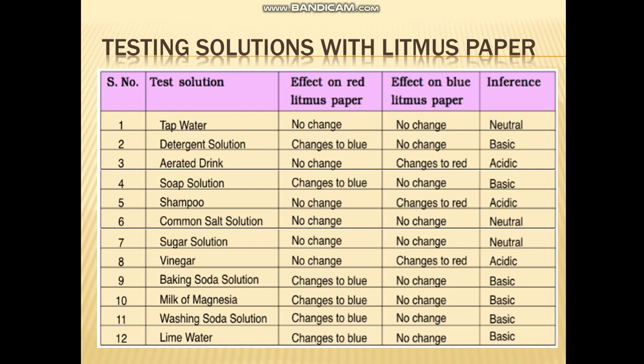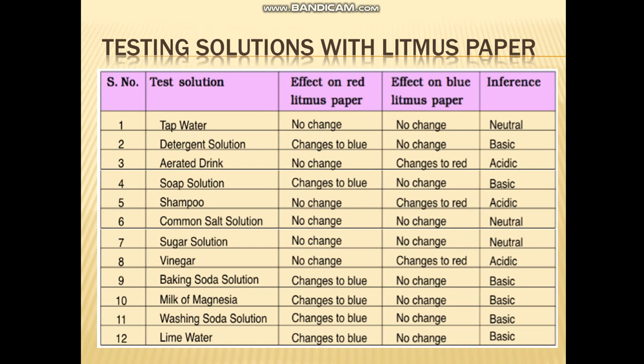Here we can see the testing of solutions with litmus paper: the effect of different test solutions on red litmus paper and on blue litmus paper, and the inference, whether it is acidic, basic or neutral. If it is tap water, there is no change on red and blue litmus paper, so the inference is neutral.